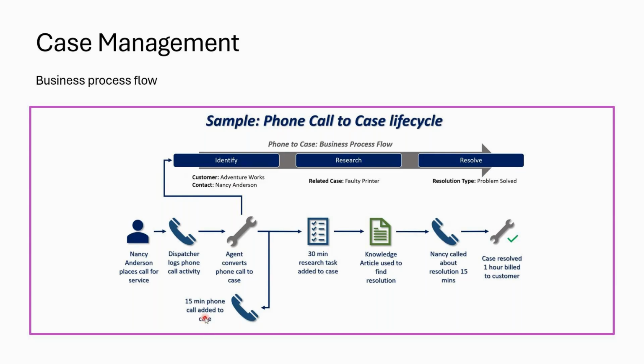A 15 minute phone call is added to the case, and 30 minutes of research on the task. If any research needs to be done here, it will be done here, and then call Nancy again saying that the case can be resolved. We can clarify Nancy's doubt and resolve this. So this is typically the service cycle. Clear?